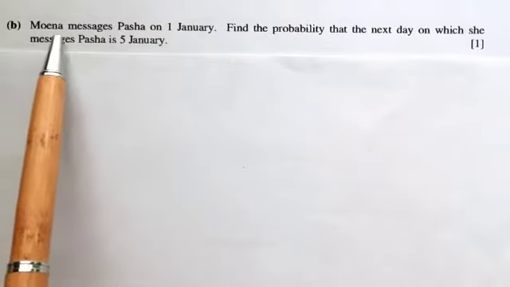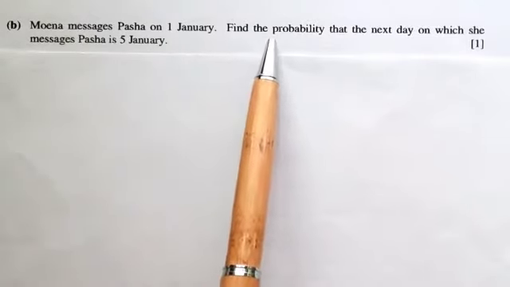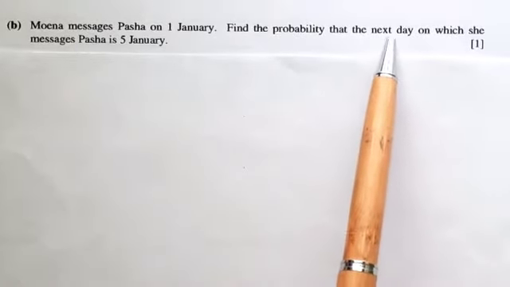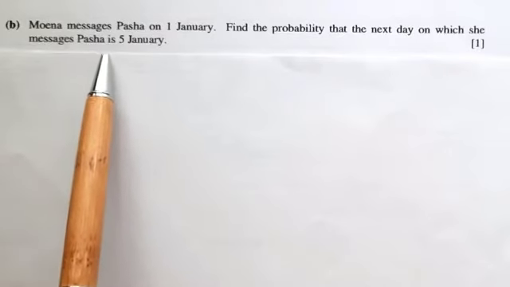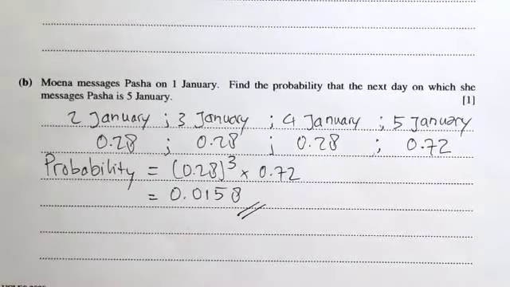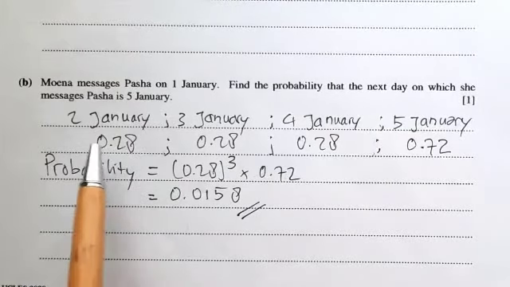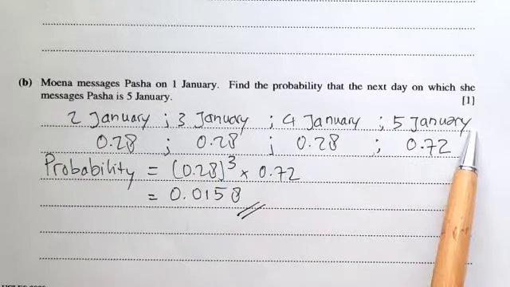B. Mona messages Pasha on 1 January. Find the probability that the next day on which she messages Pasha is 5 January. Thus we start from 2 January, 3 January, 4 January, and 5 January.